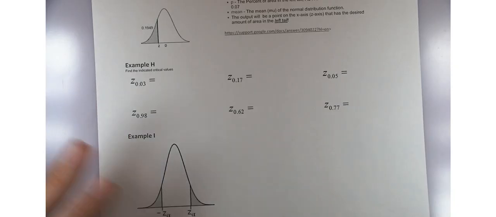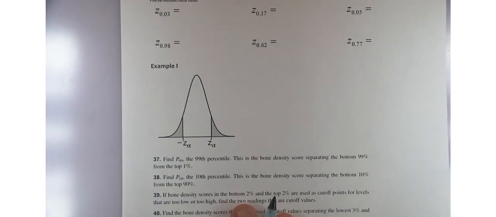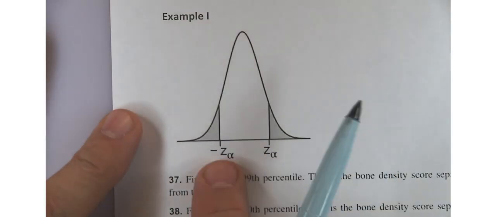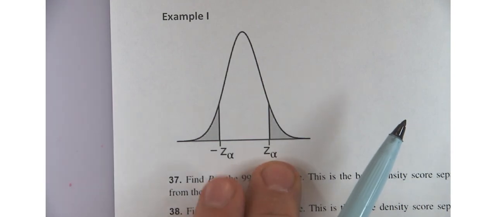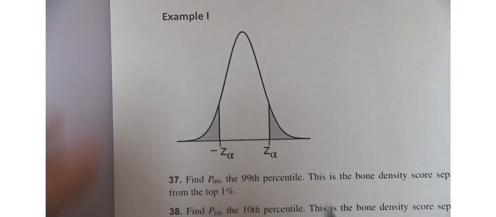And if you look at this picture here, for example, what you'll notice is that you have values that are actually symmetric. We'll do example H in just a minute, but you'll have symmetric values here.